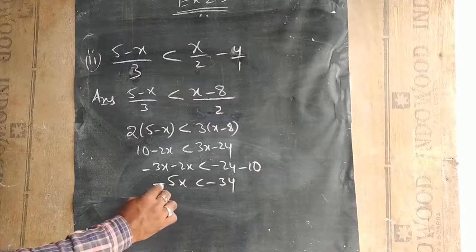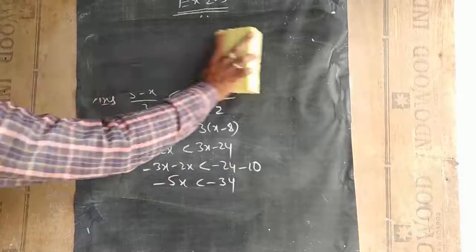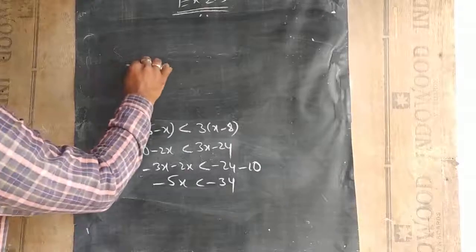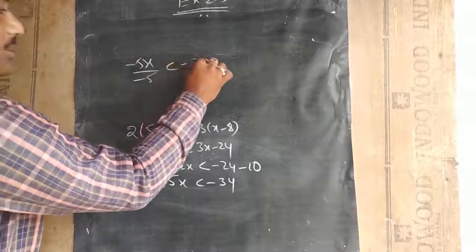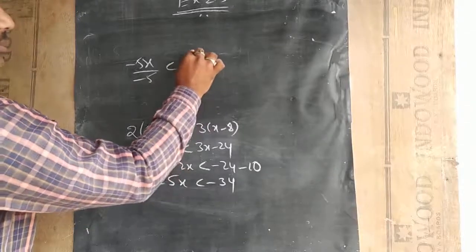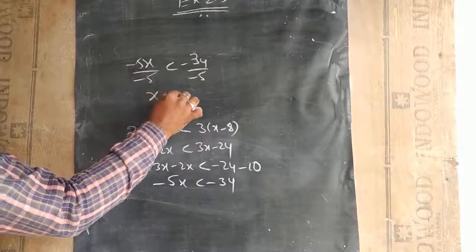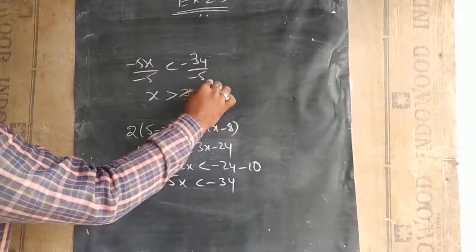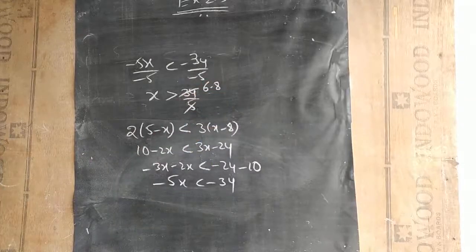So I have to divide by minus 5. Minus 5x by minus 5 is less than minus 34 by minus 5. Since I am dividing with a minus number, the inequality will change. So x greater than 34 by 5. 5 6s are 30, 5 8s are 40. So the answer is 6.8.